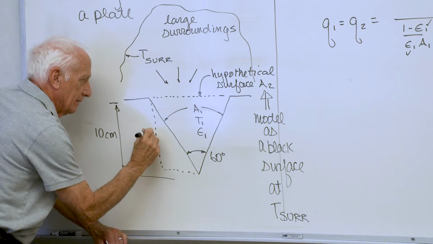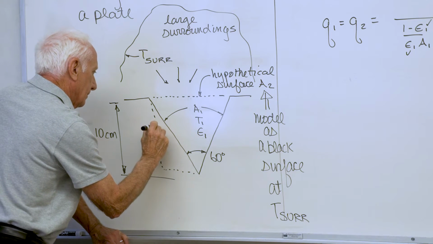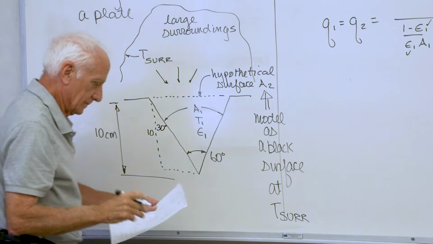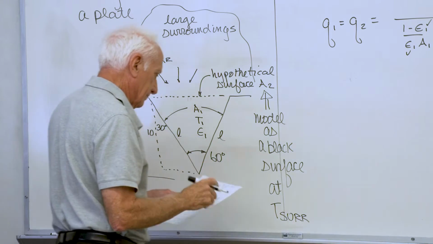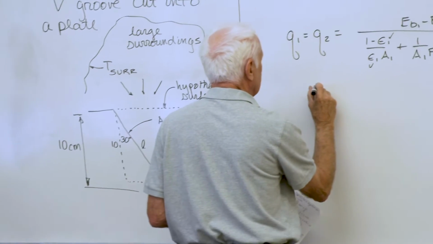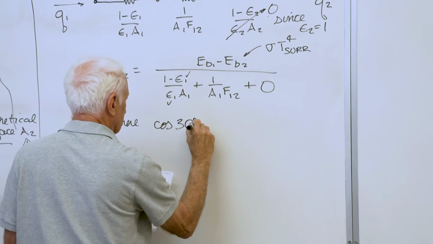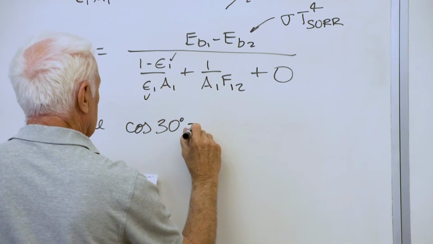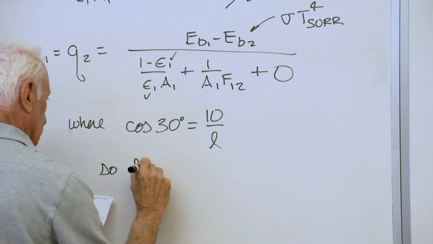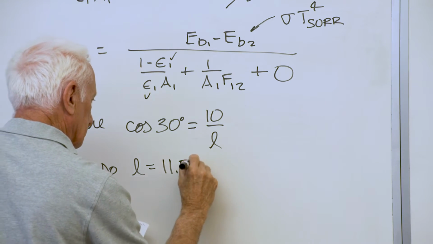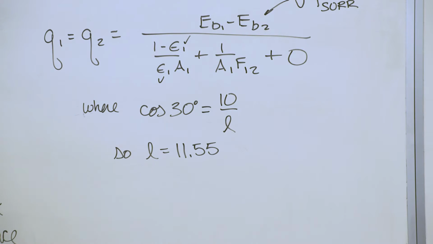Right triangle, 10. The angle here, 30, 30. I'm going to call that length L, and this length L. Okay, so I've got 11.55 centimeters.